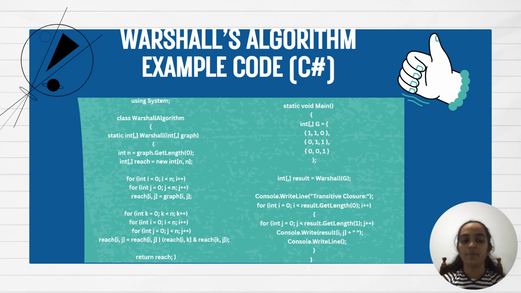The outer loop picks an intermediate node. The inner loops check for all pairs i and j whether i can reach j through that intermediate node. If yes, we mark it as reachable. After running the code, we print the final matrix.